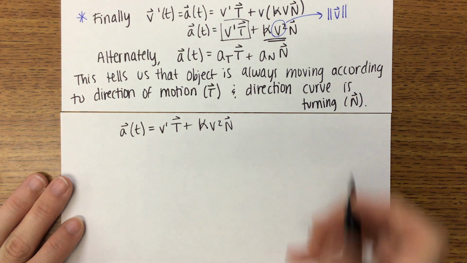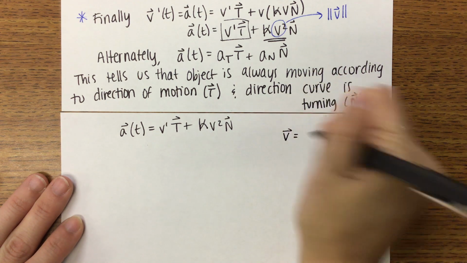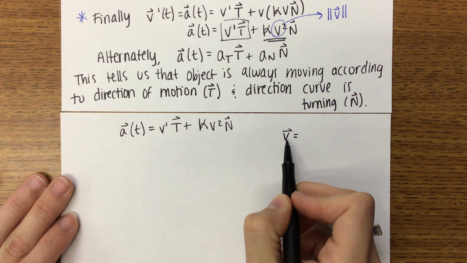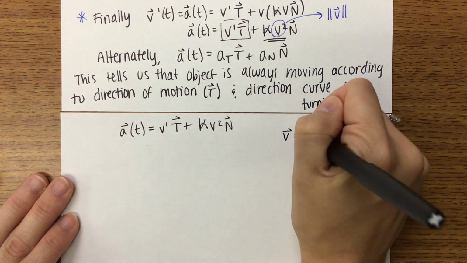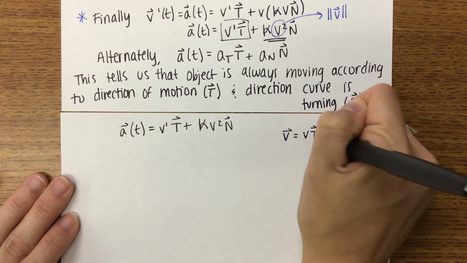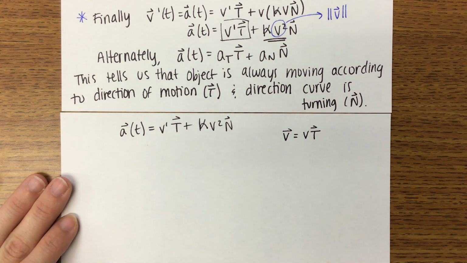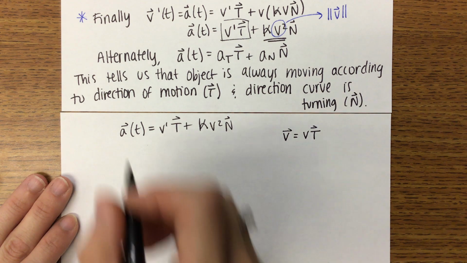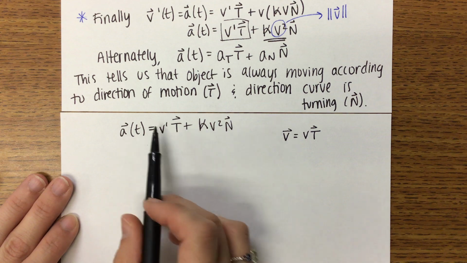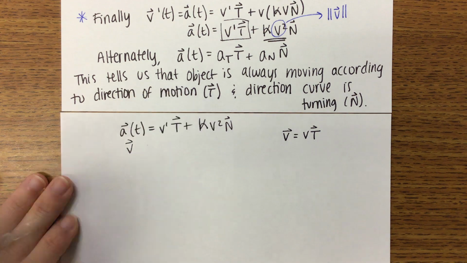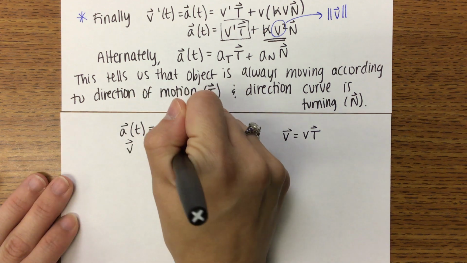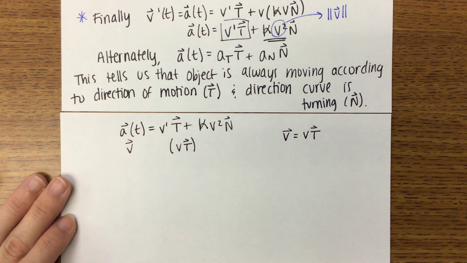Okay, so if we recall, the vector for velocity is equal to the norm times the unit tangent vector. So what we're going to do is multiply that into here. We're going to multiply the left side by that velocity vector, and we're going to multiply the right side by the norm of the velocity vector and the unit tangent vector. Then here's what we get.